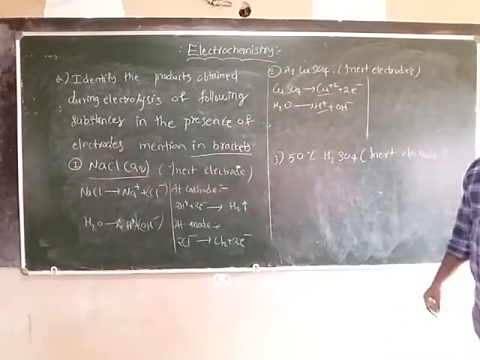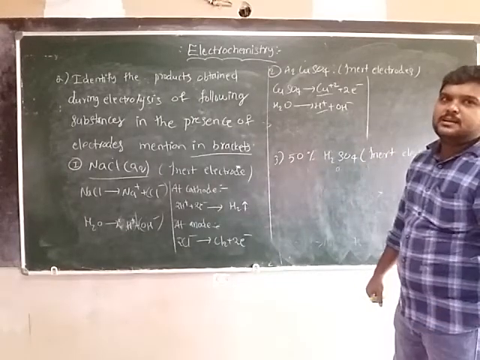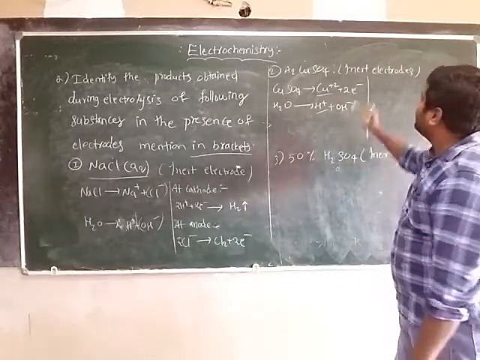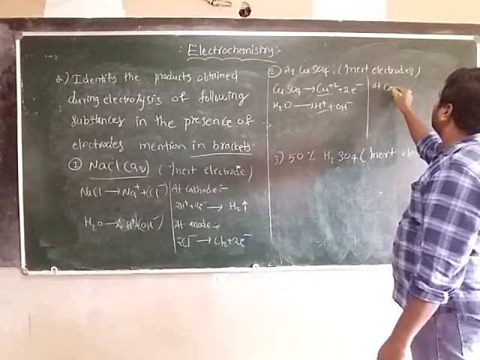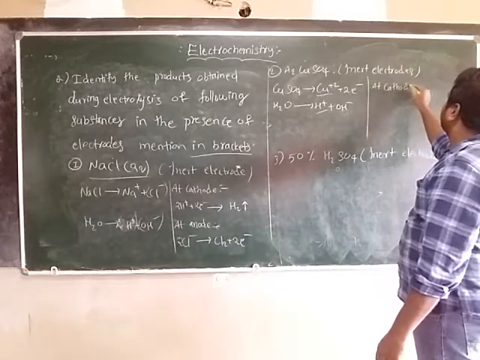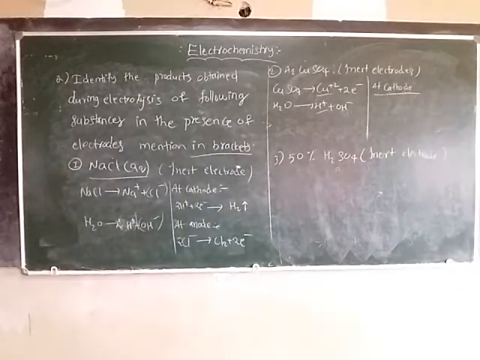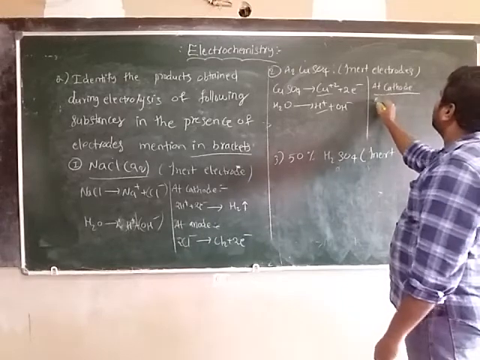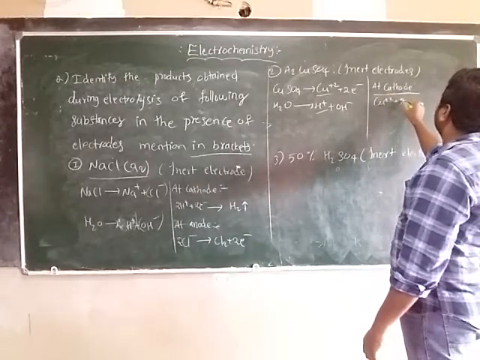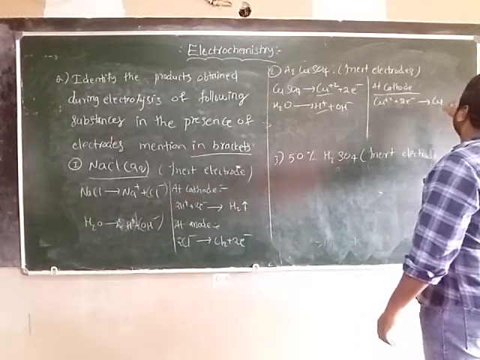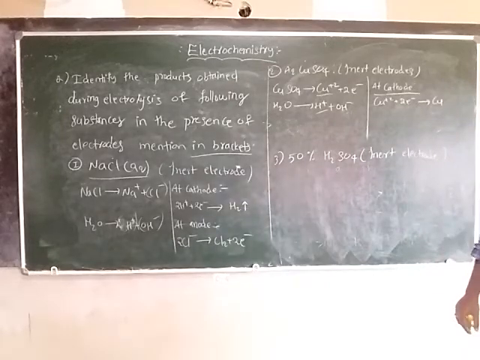Which has the lowest discharge potential? Cu2+. So at the cathode, reduction takes place: Cu2+ plus 2 electrons turns to Cu.